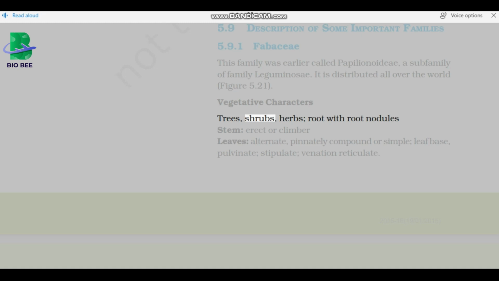Trees, shrubs, herbs, root with root nodule, stem erect or climber, leaves alternate, pinnately compound or simple, leaf base pulvinate, stipulate, venation reticulate.